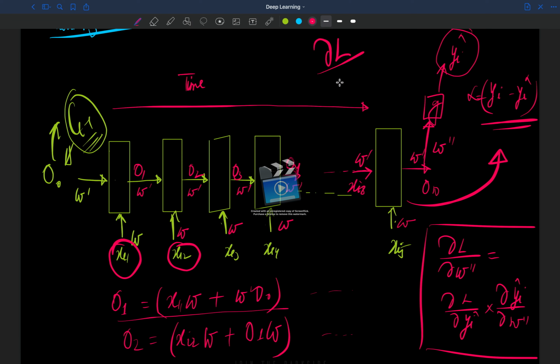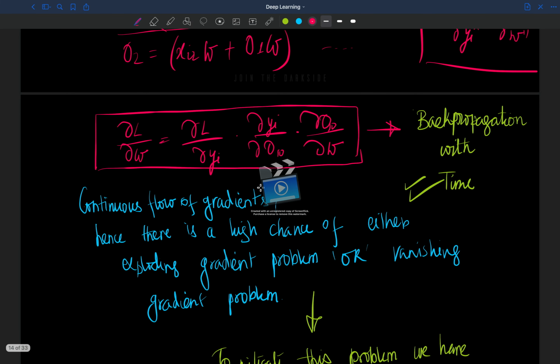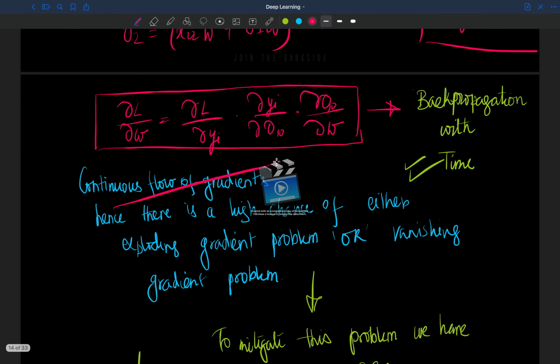We compute a derivative of dL by dW double dash, which equals d of loss by d of y hat, then from y hat to the weight, dy hat to dW double dash. So this one gets cancelled. Yep, this is how it works. Back propagation through time, continuous flow of gradients.